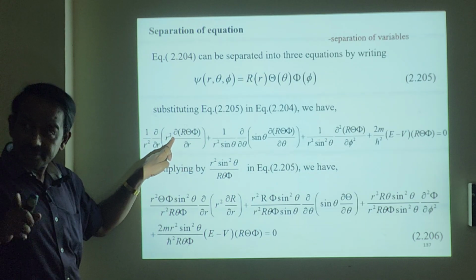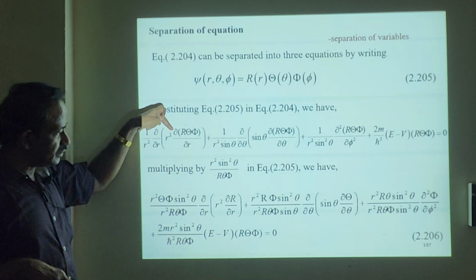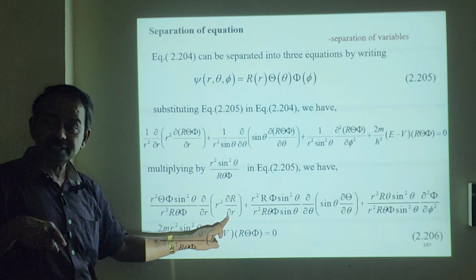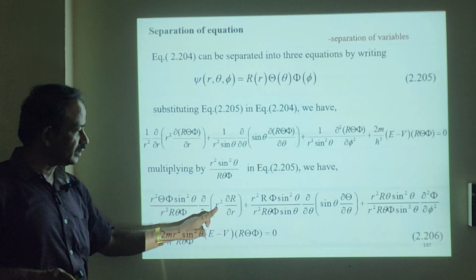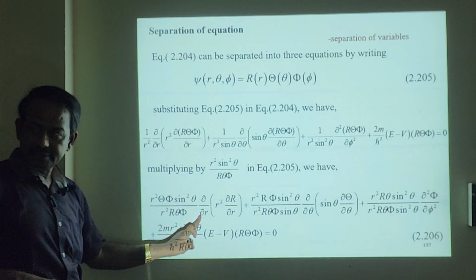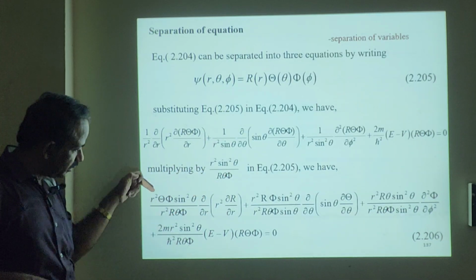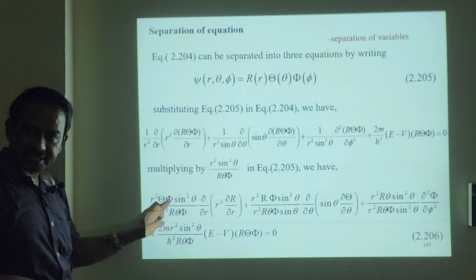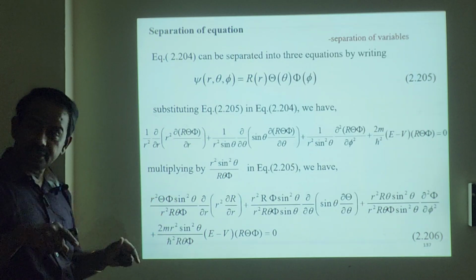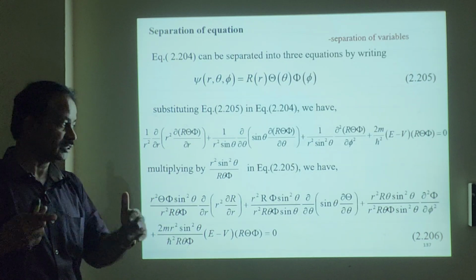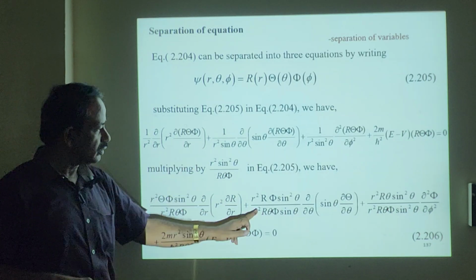It depends only on small r, the radial part, so we can write this as d by dr. This r squared is here, this d by dr is here, and of course r squared sin squared theta divided by R Theta Phi. The Theta Phi will cancel, and r squared will get cancelled. You will get only 1 by R. In the next equation we are going to see 1 by R. Okay, now look at the next equation.